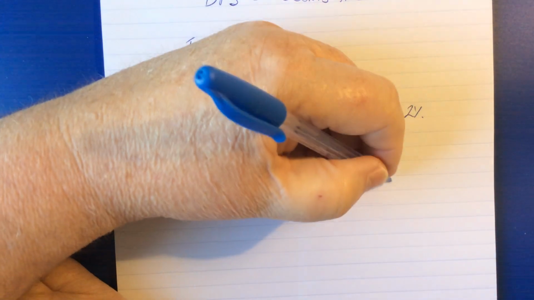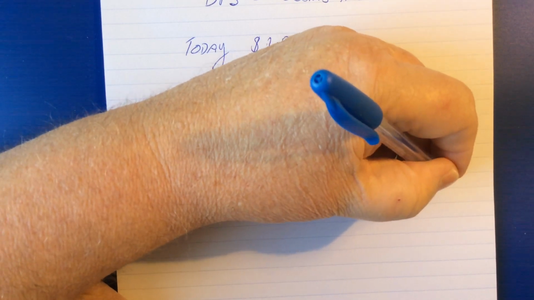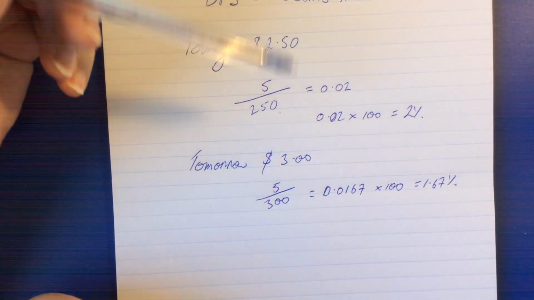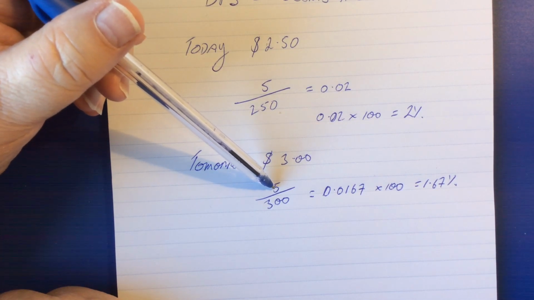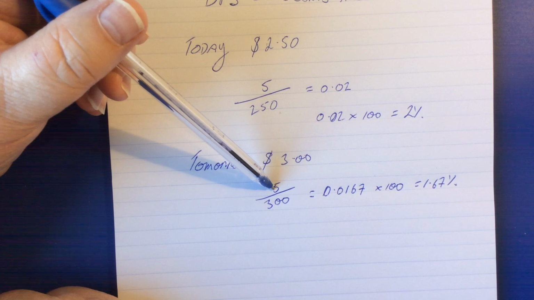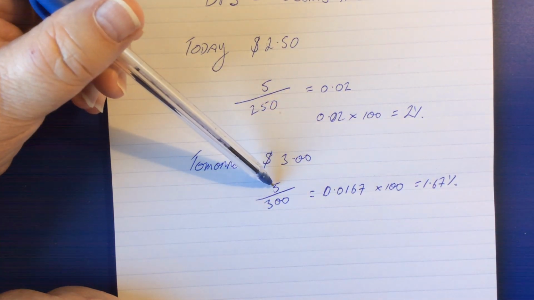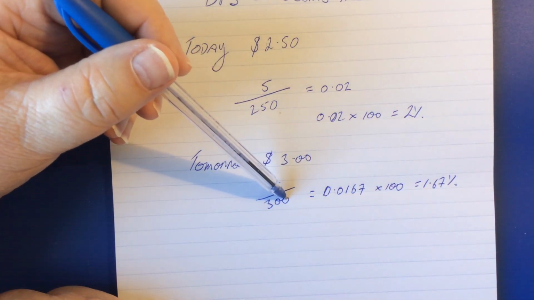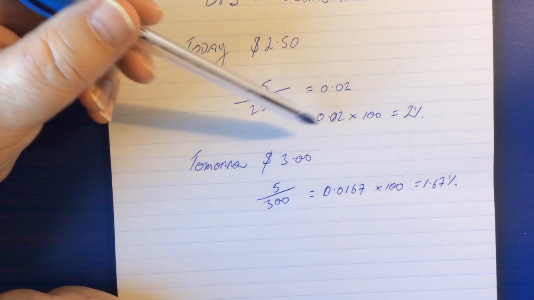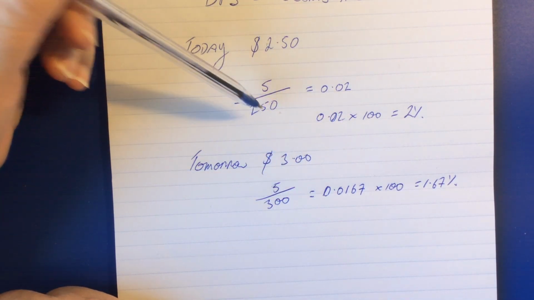We multiply that by 100, and we get 1.67%. So what you can see is that as the amount of dividend that is paid out remains the same, but the share price fluctuates, the amount of the yield either goes down as the value of the stock goes up, or it rises if the value of the stock has a lower value.